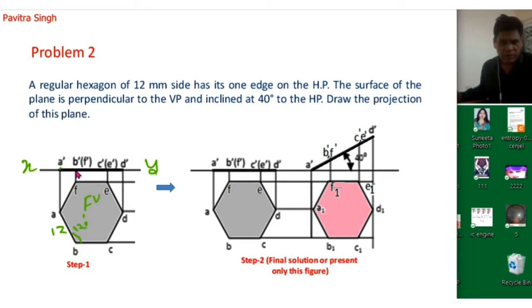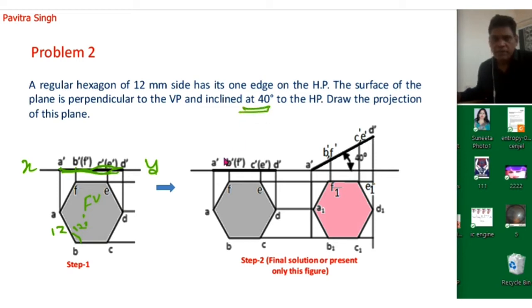So points F and B will be on the same point, and E and C will be on the same point. So this is actually our front view. Okay. So this is the front view and this is the top view.